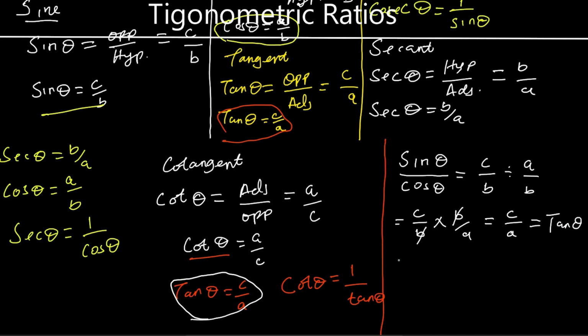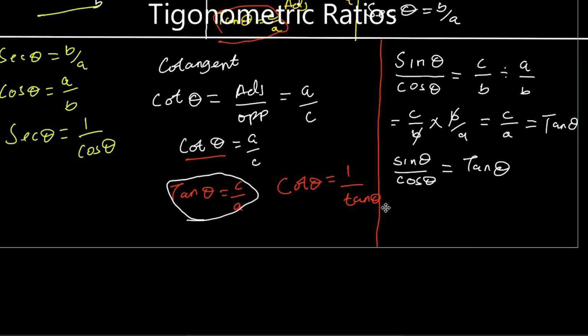Therefore, we can say that sine theta divided by cos theta is equal to tan theta.